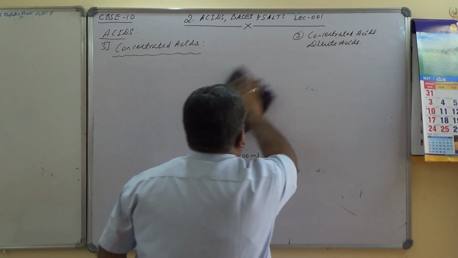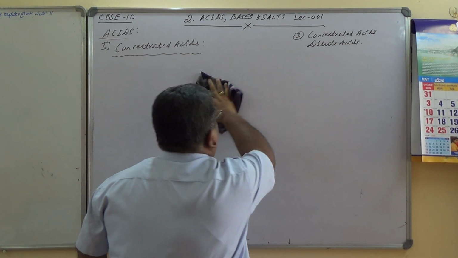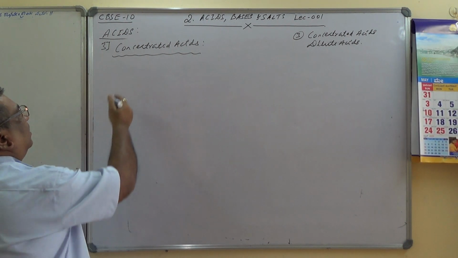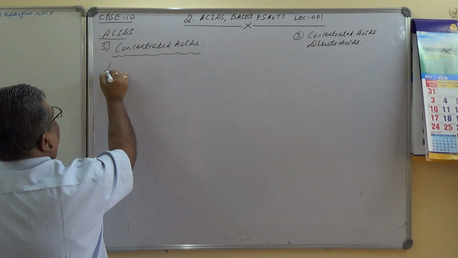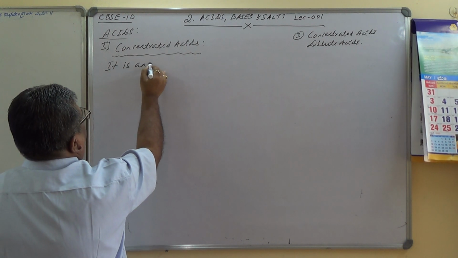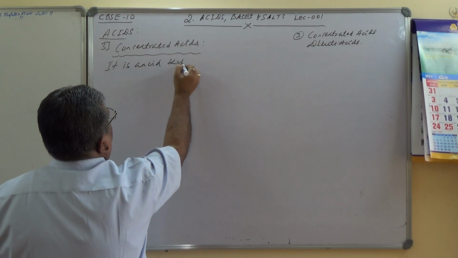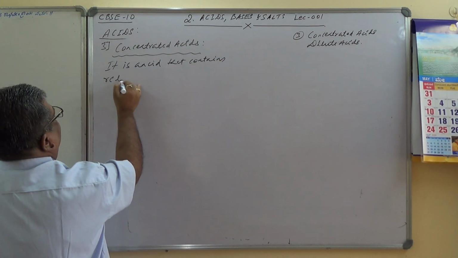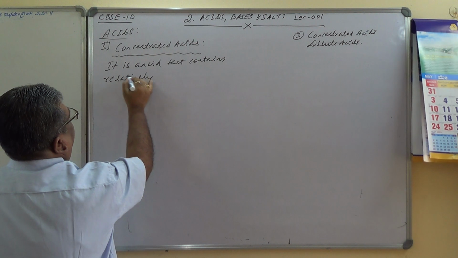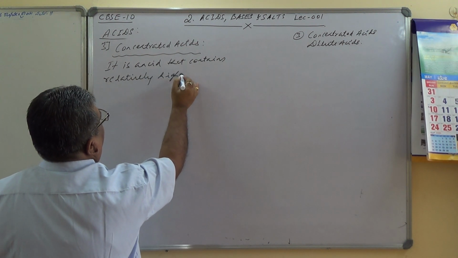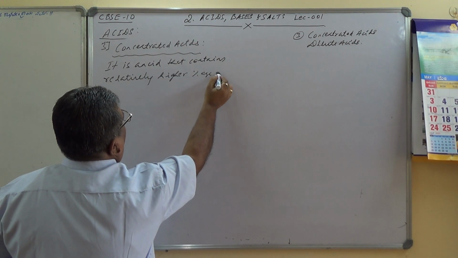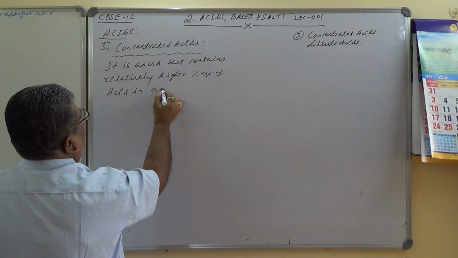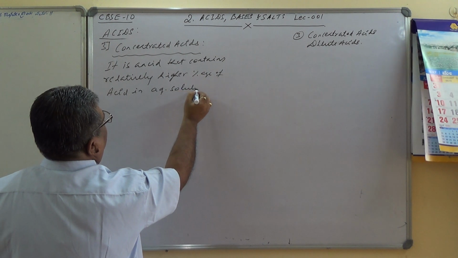So how do you write it? I can say like this: concentrated acid is an acid that contains a relatively higher percentage of acid in aqueous solution.